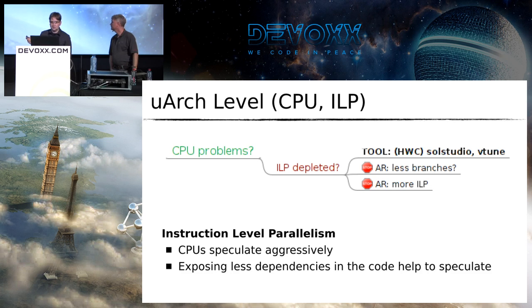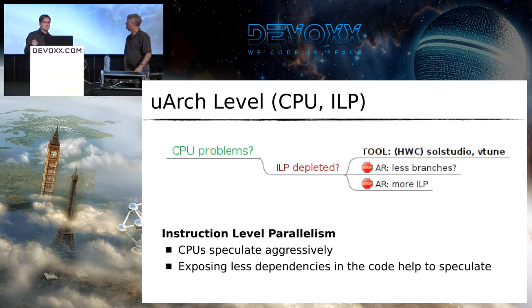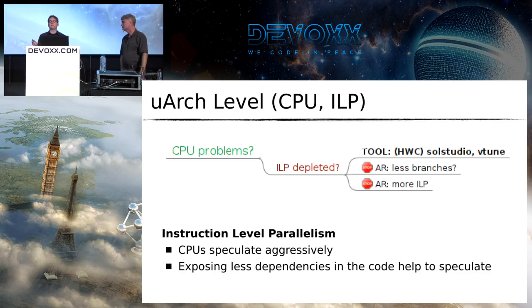All right, ILP, processors speculate aggressively. So even though your instruction stream is sequential, you have lots of parallelism inside that stream, and the CPUs are benefiting from that a lot. It may turn out that the instruction level parallelism in your code is not that great, so the processors cannot speculate aggressively, and at that point you probably want to help them out.